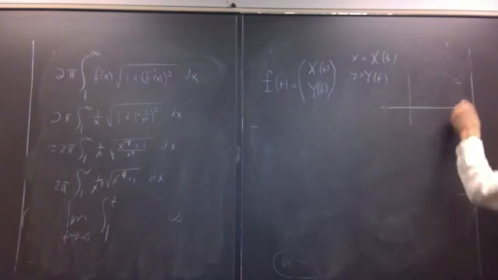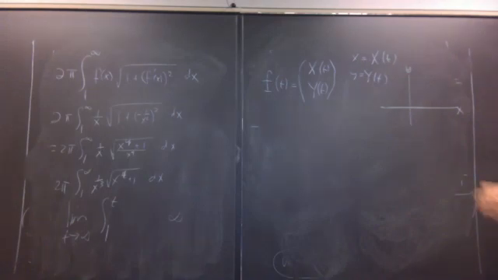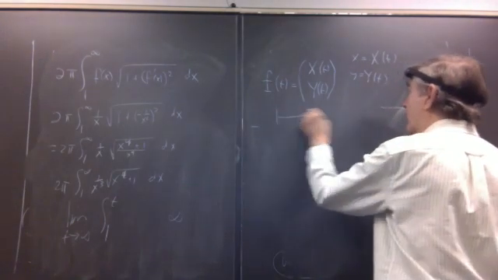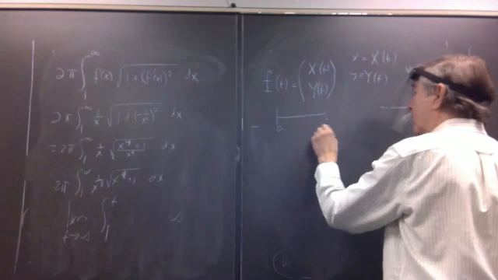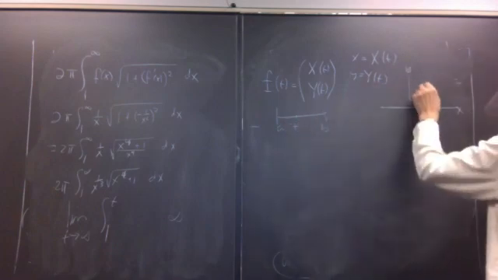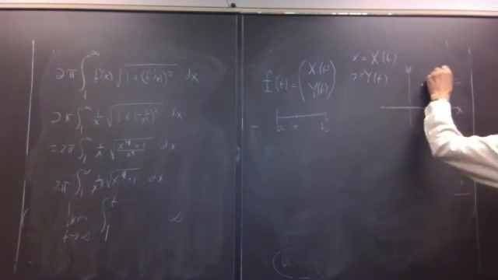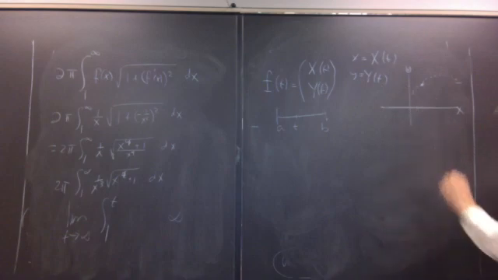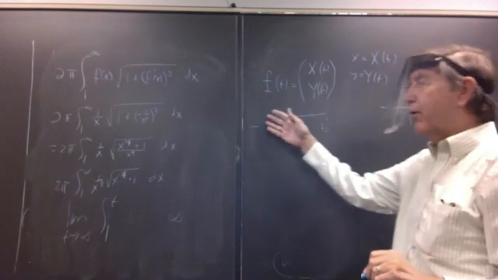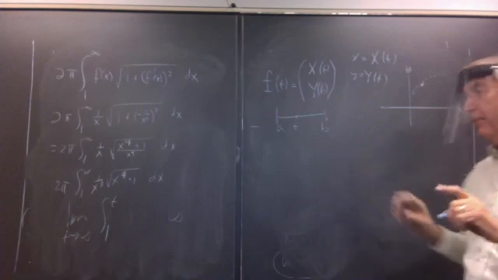You don't graph the parameter, you're still doing things in the plane. For every t, normally in an interval, and the t might be time, we get a point in the plane. When you put together a whole bunch of t's, you get a whole bunch of points, and maybe you get a graph. We don't graph the function, we graph the range of the function. We graph the points you get, we don't put the domain and range together.